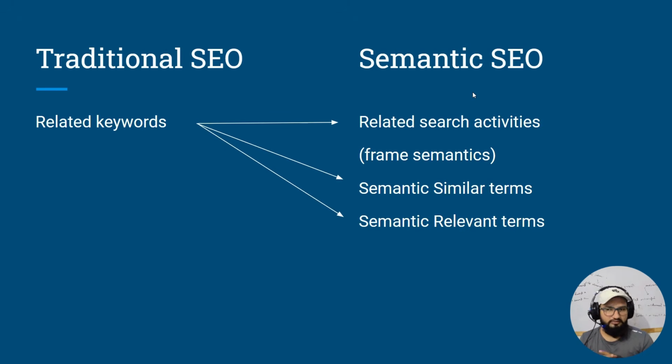Another important thing: in traditional SEO, people say to target the related keywords. Everything they do revolves around keywords. Keywords are good, but relying solely on keywords is not good. They just copy related keywords from a tool, or go to Google related searches, copy them and optimize them within the content.